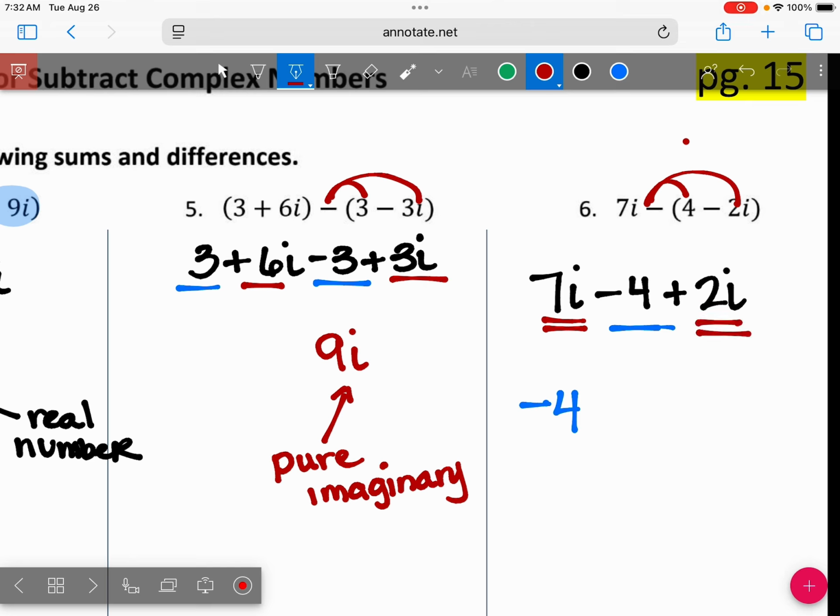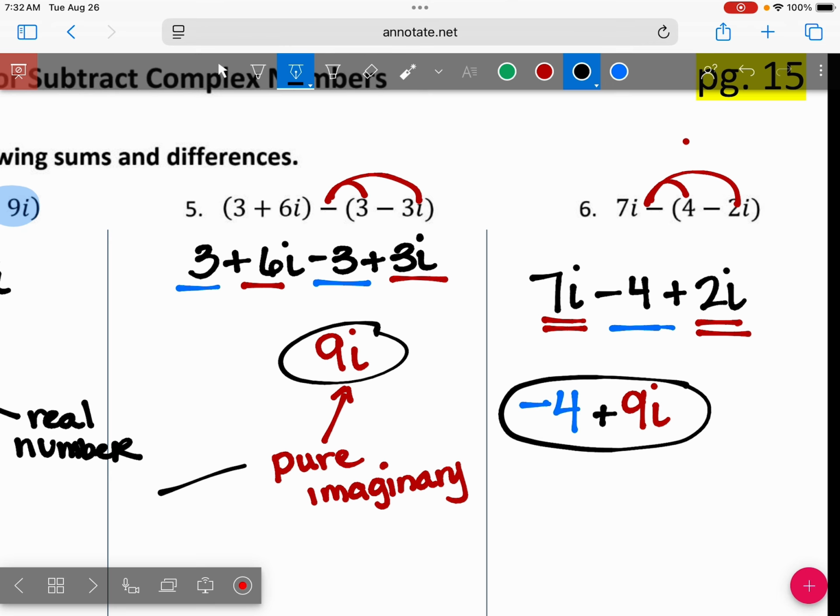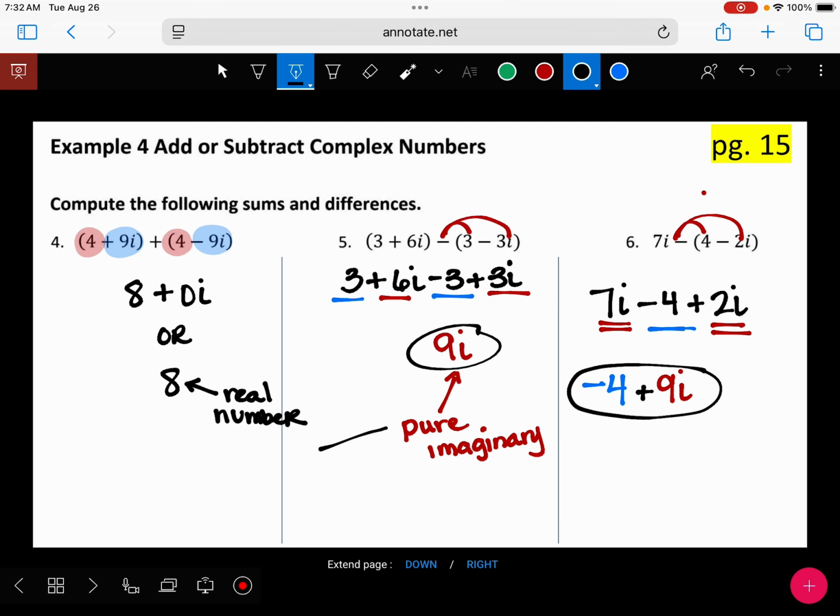Okay, so the negative 4 comes out first. And when you add the 7i and the 2i, what did you get? 9i. And that's a positive 9i, so that would be your answer. And that is a complex number because it has a real and an imaginary.